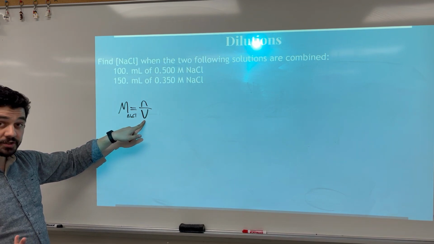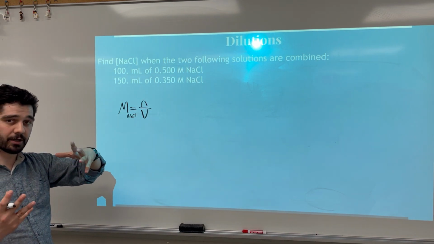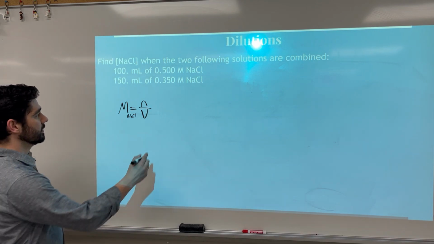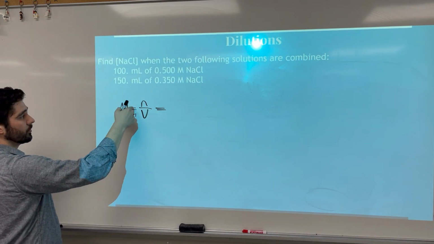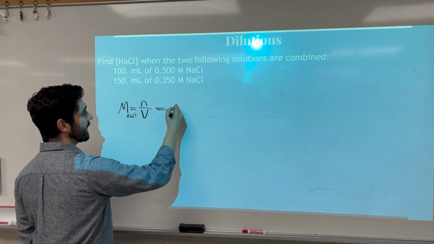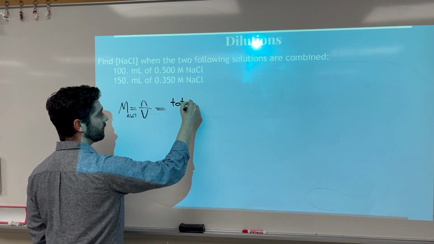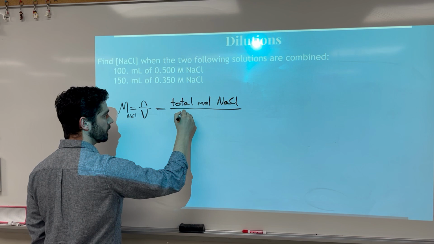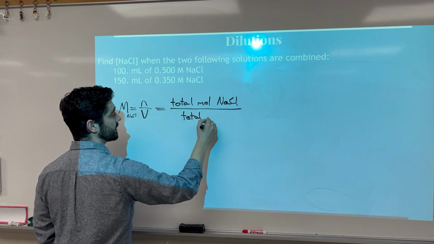Okay? And we're going to assume that the sodium chloride doesn't take up much volume, it's just the water that takes up the volume. So if I want the final concentration, what I end up needing is the total moles of sodium chloride over the total volume of everything put together.